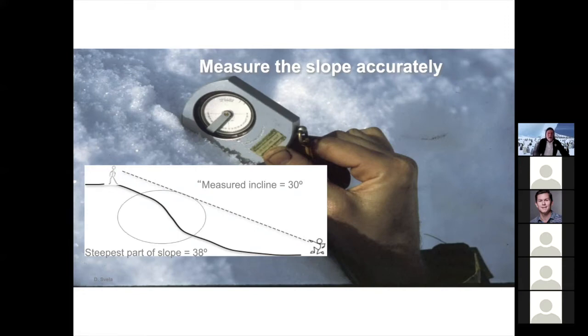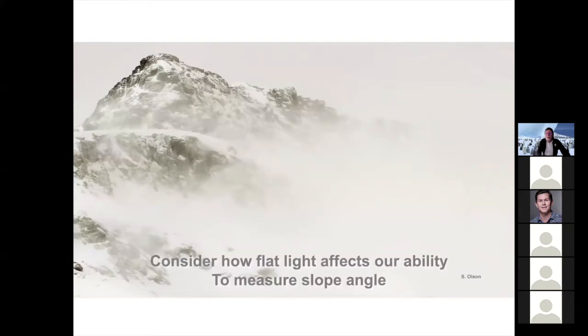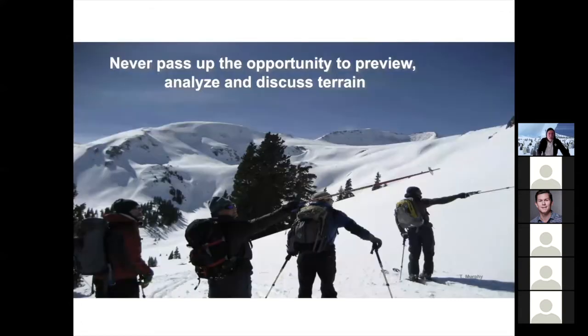And the flat light really affects our ability to measure slope angle. I've certainly suddenly found myself in flat light on slopes much steeper than I thought I was on. The flip side, in flat light, sometimes you end up thinking you're moving and you're not because you're on the flat. So we're always discussing and analyzing the terrain.